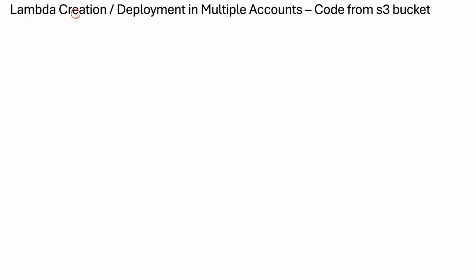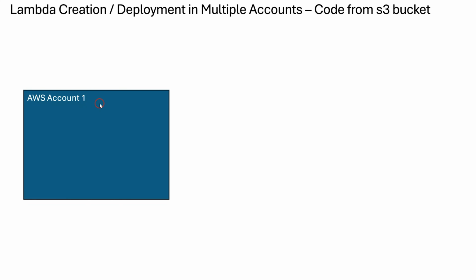So, Lambda creation or deployment in multiple accounts, with code from an S3 bucket. You have code in your S3 bucket in one account, and you have another three accounts where you want to deploy the same code which is in your S3 bucket. How can you achieve that? I'm showing you.